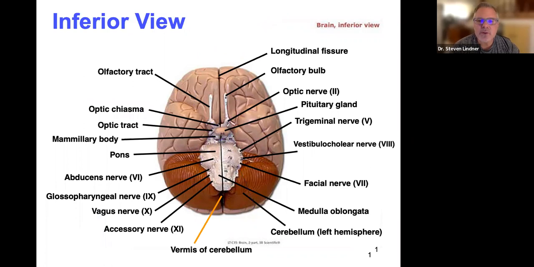And this structure right here is the pituitary gland. So some people that have pituitary gland tumors, when this thing enlarges, you can understand why some people experience visual disturbances, because it can enlarge and put pressure on part of the optic nerve.